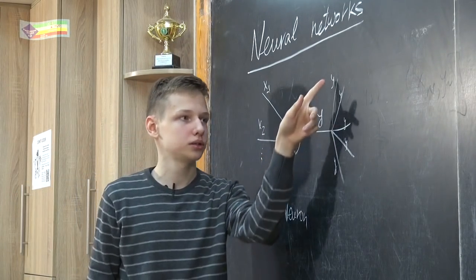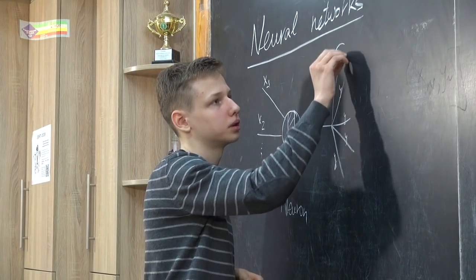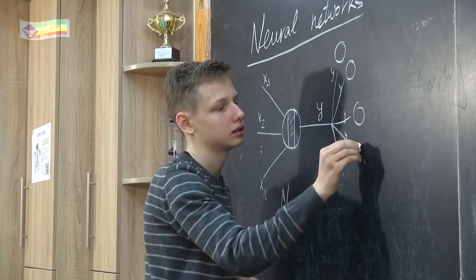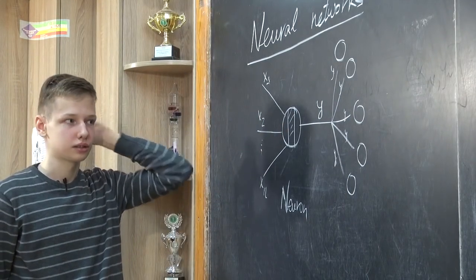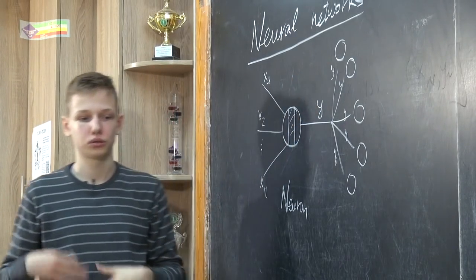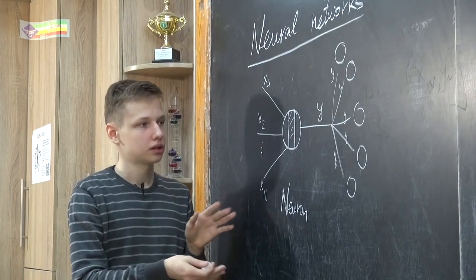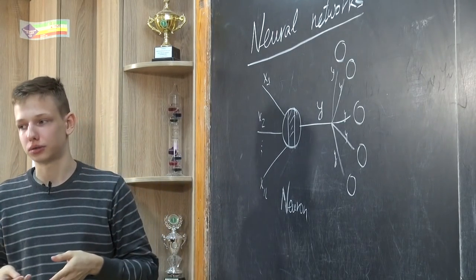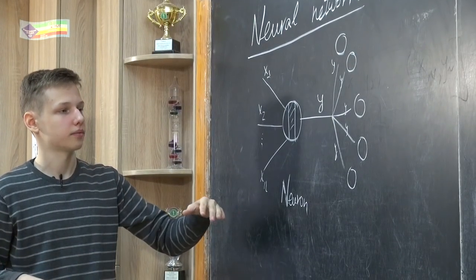And all these values can then be distributed to other neurons. So in the end, we have new neurons, and this output becomes an input to a new neuron. So we have this most basic unit, and we will then construct a lot of different structures from this basic unit.